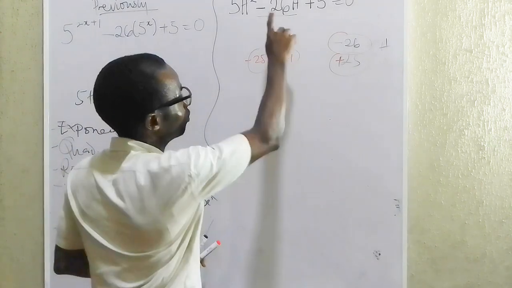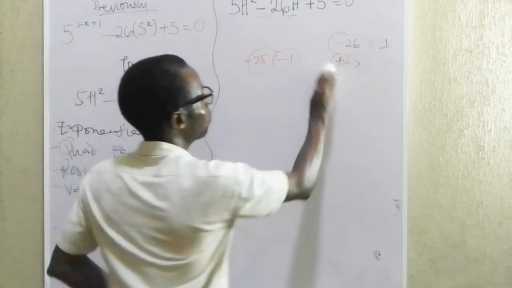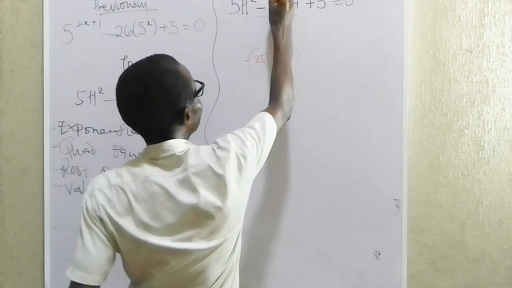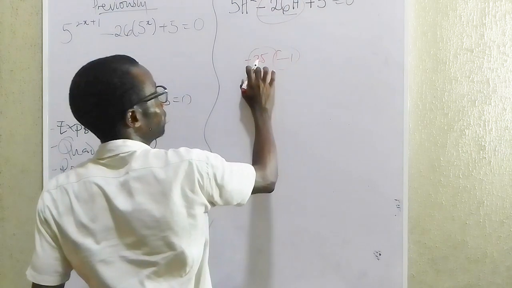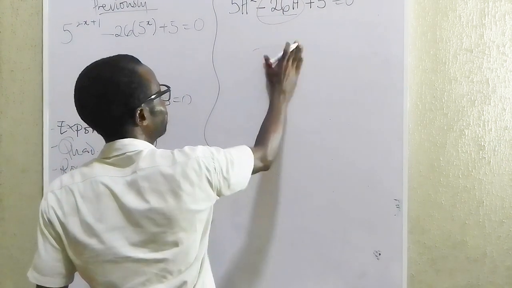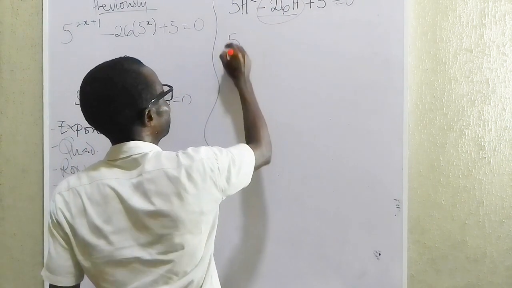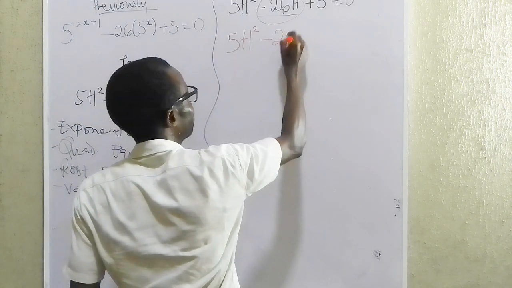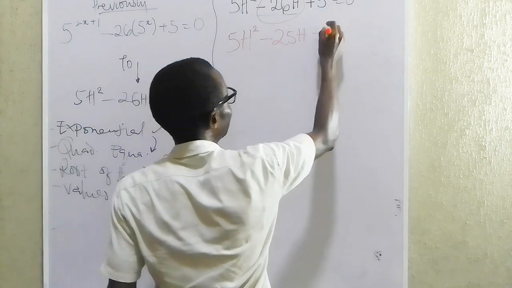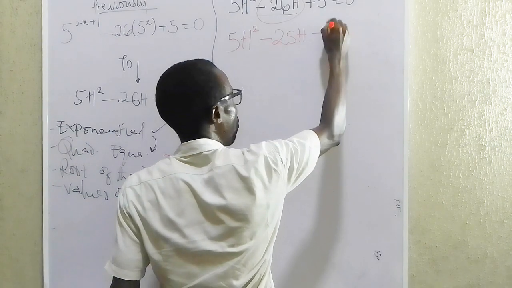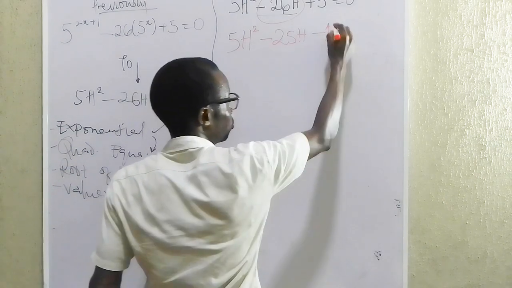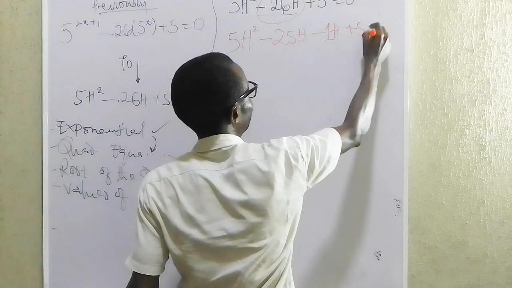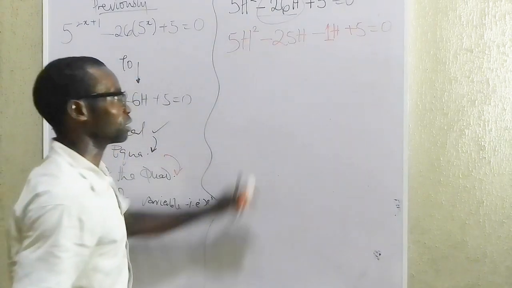Coming back to this place, what will work here is we'll replace this with minus 25. So what we'll have is 5h squared minus 25h minus 1. You can put the h if you like, and then this 5 is the coefficient here. So that is how we'll get this.